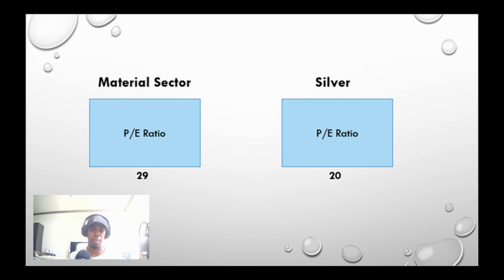As you can see in this example, silver may be cheaper if its PE ratio is 20, while the market sector ratio is 29, suggesting that silver may outperform its peers in the future, right? But if silver's PE ratio is 40 and the market is 29, it can be a sign that silver is overpriced in comparison to the material sector.